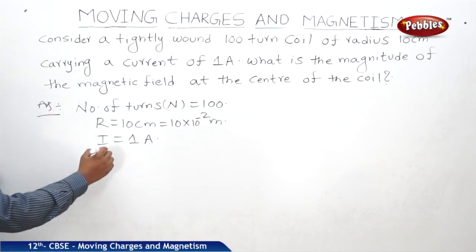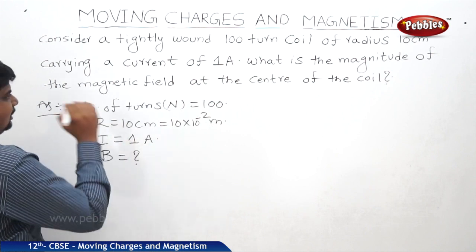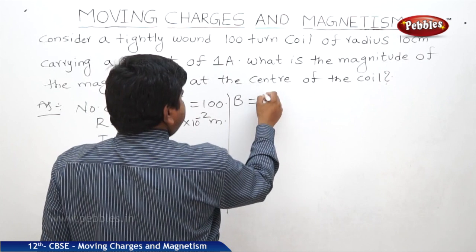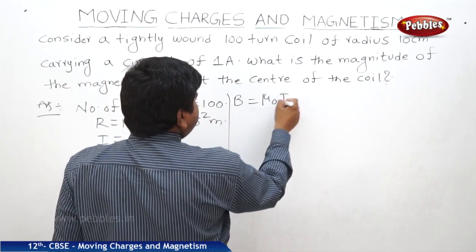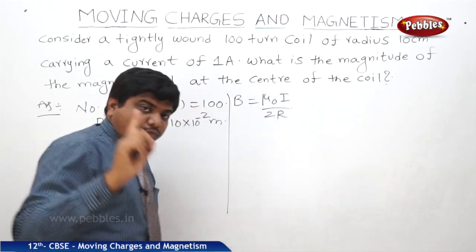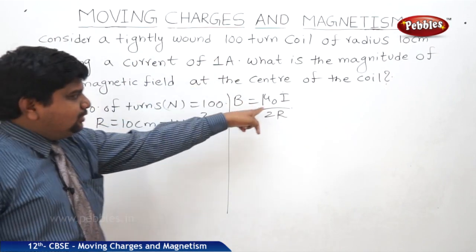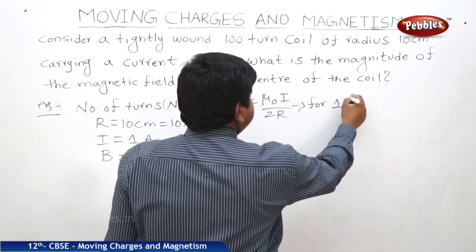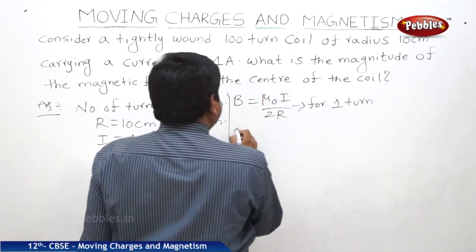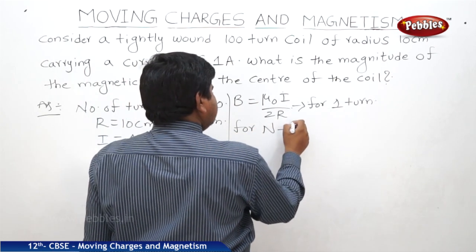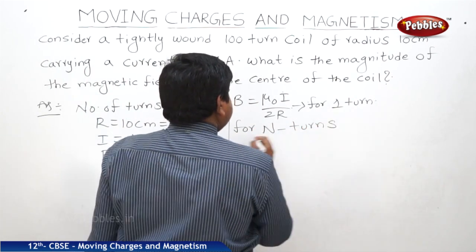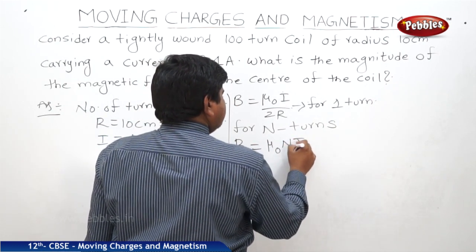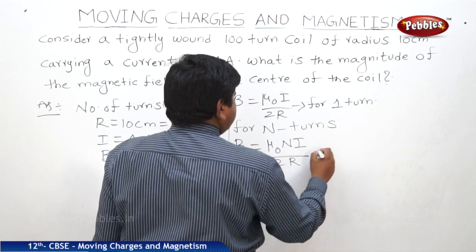So what is the magnitude of the magnetic field at the center of the coil? The expression for B is mu naught I by 2r for 1 turn. For N turns, B is equal to mu naught N I by 2r.